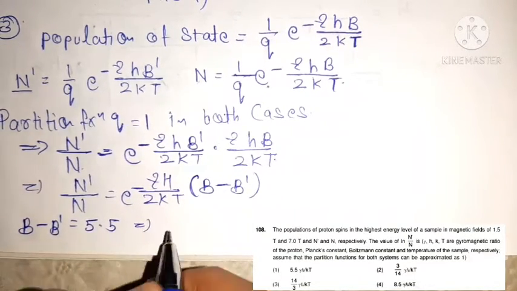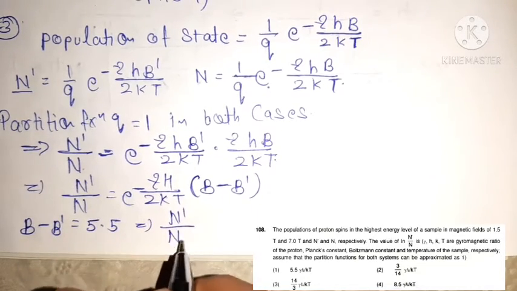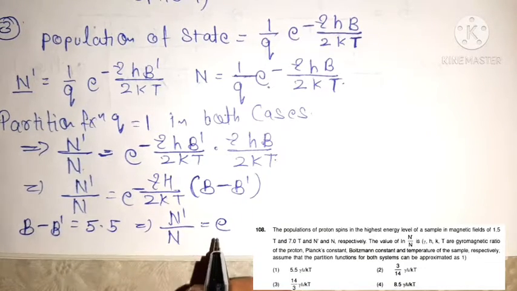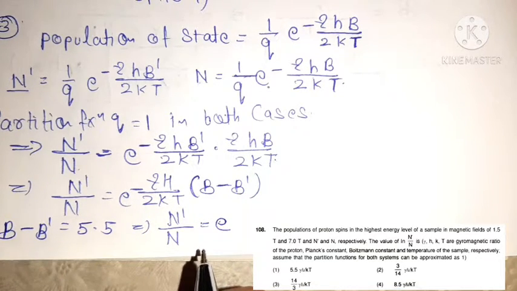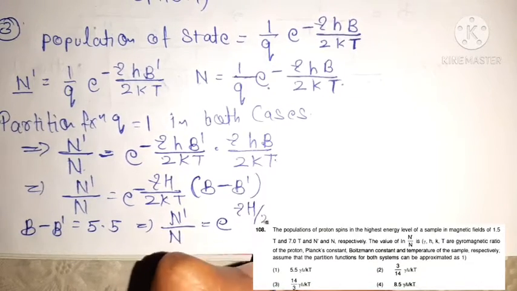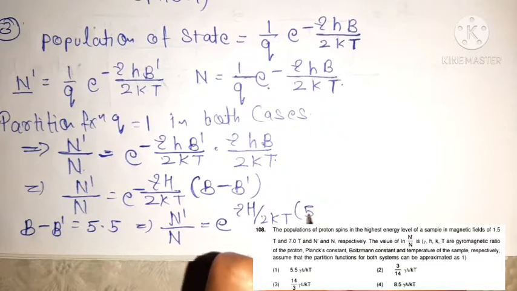So from this equation we get that n dash upon n is equal to e to the power gamma h upon 2 kT into 5.5.